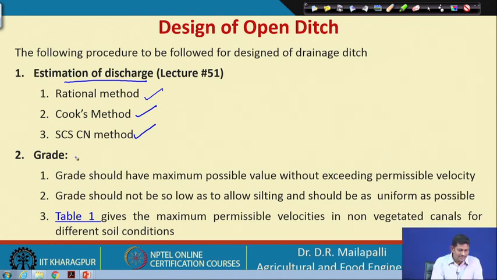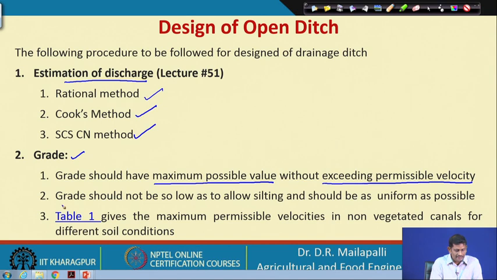The second step is to finalize the grade of the channel. The grade should have the maximum possible value without exceeding the permissible velocity. If you increase the grade, the velocity of flow increases, and that will scour the channels.